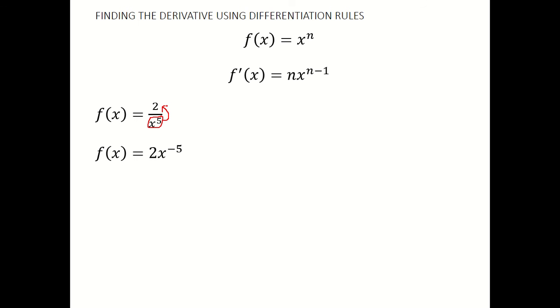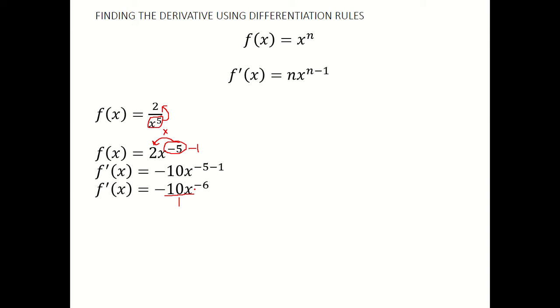Now you can apply the derivative rule. And this will give you minus 10 x to the exponent minus 5 minus 1. Minus 5 minus 1 will give you minus 6. Now a lot of question papers will tell you that you need to leave your exponent as positive. Since 6 is negative, remember this expression, guys, you can simply say this whole thing is divided by 1.